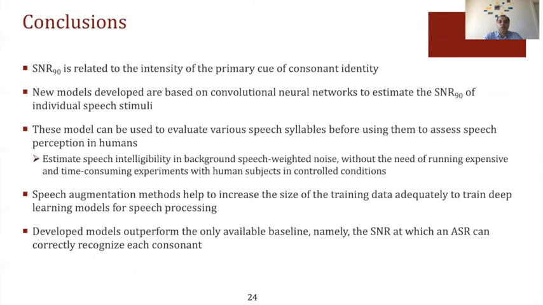If you use this model, it saves you time and money to run all of these experiments to assess the intelligibility of a speech sound. Also, we use speech augmentation to boost the training data adequately to be able to do deep learning model training. We developed this model, which outperforms the ASR, and that's basically the only available baseline. So this is a new kind of approach.